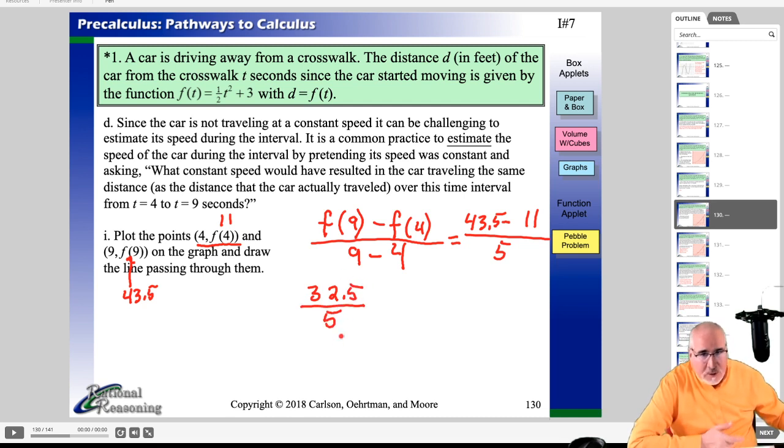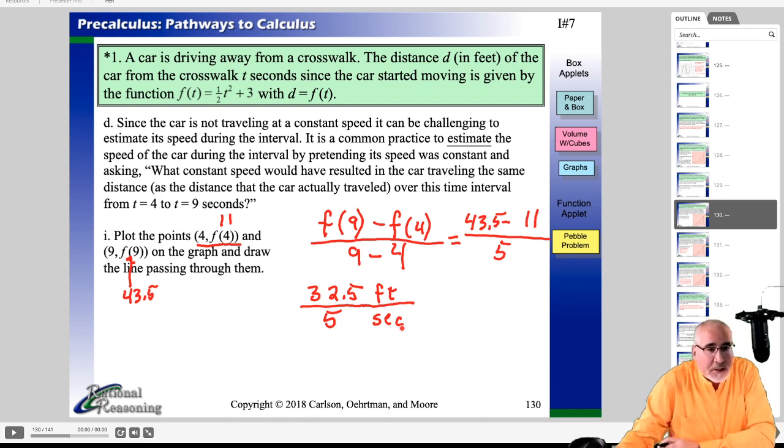And then you could make this into a decimal or just leave it as a fraction, but this is in units of feet per second, right? Feet on the top, seconds in the denominator, which is a rate. It's a speed, 32.5 feet per 5 seconds. Okay, average rate of change.